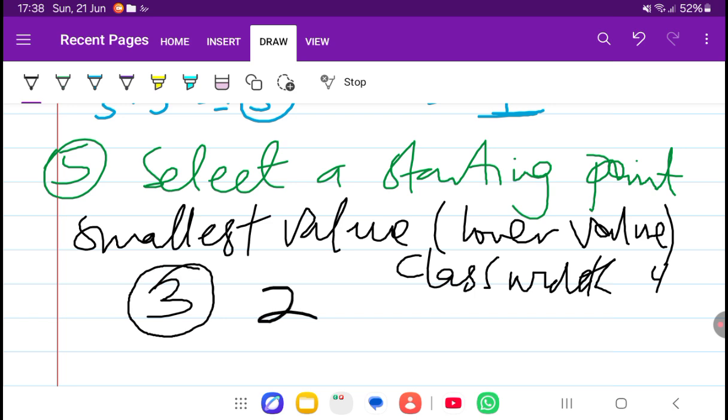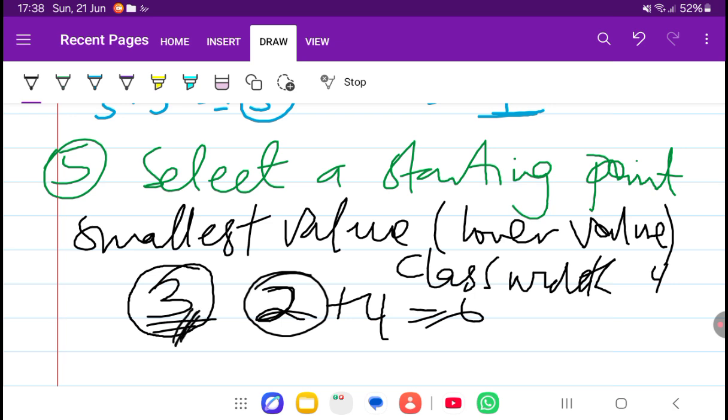So that if I add a 2 plus a 4, I'm getting a 6 for my other classes. Or I can stick with the 3, and I start with the 3. But I can pick a 2, a number that is lower than the lowest value. Because to form that class, I will need a 2 plus the class width, then I get the upper class limit. So the class will be 2 to 6.